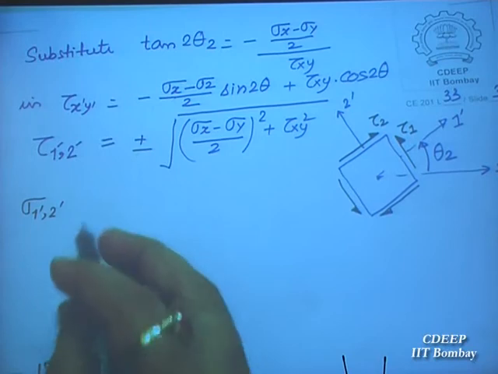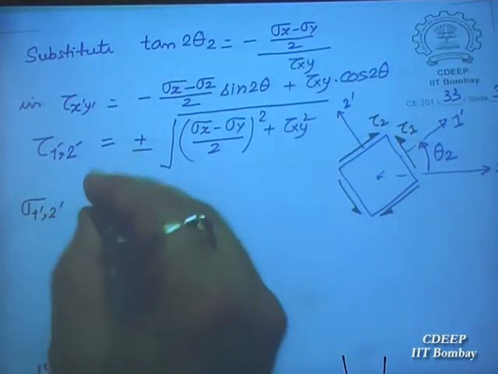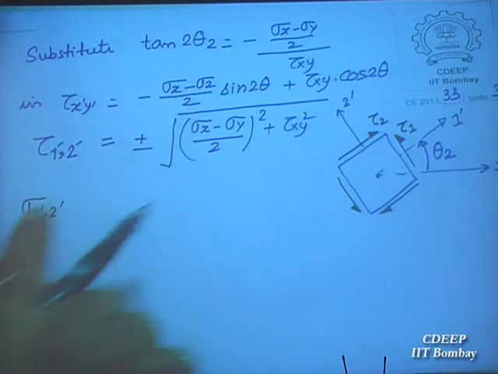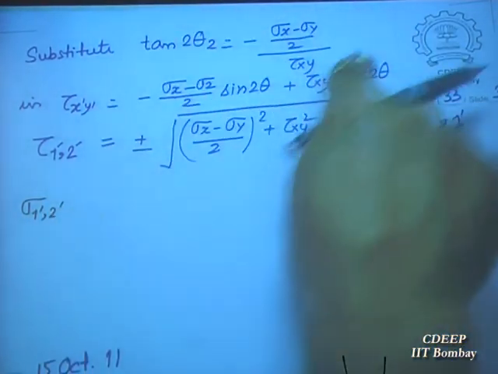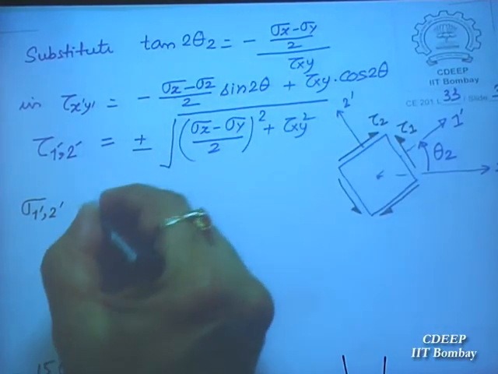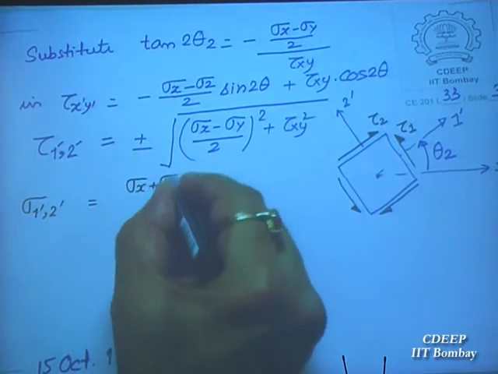So you will get this. Therefore substitute this value of tangent in the formula for sigma x dash, and you will find that it comes out to be sigma x plus sigma y by 2.